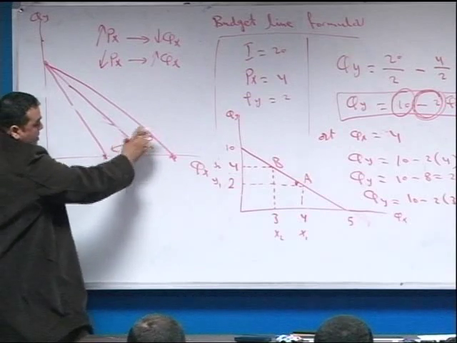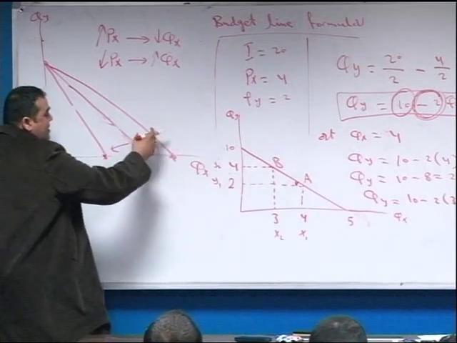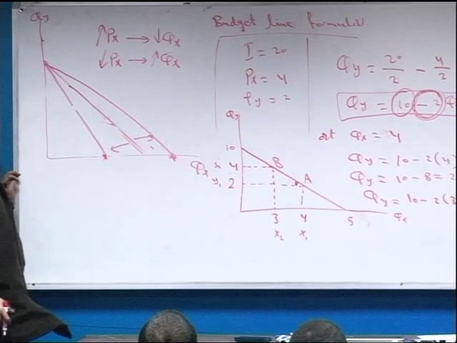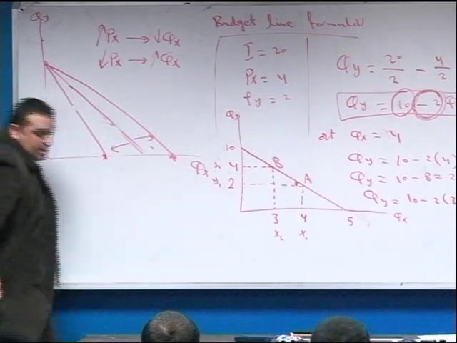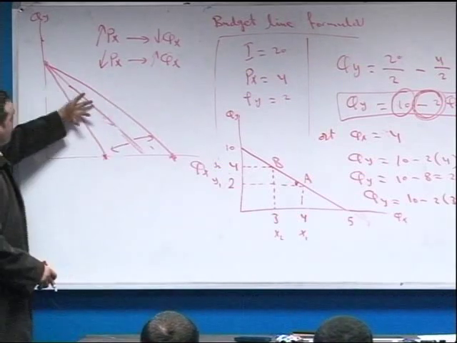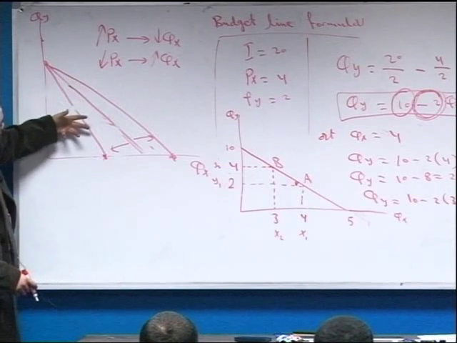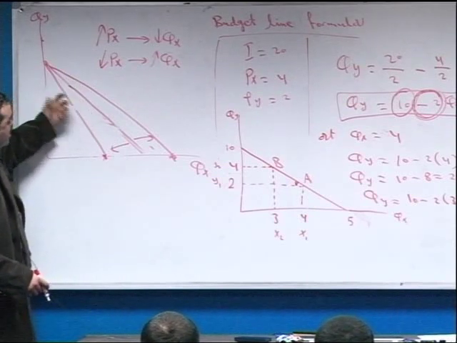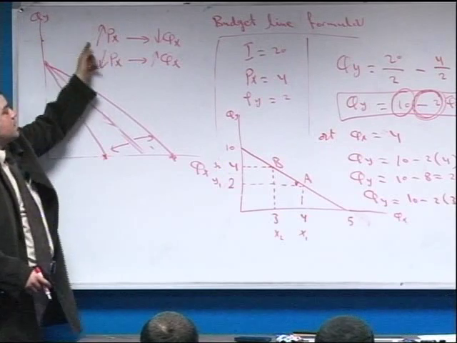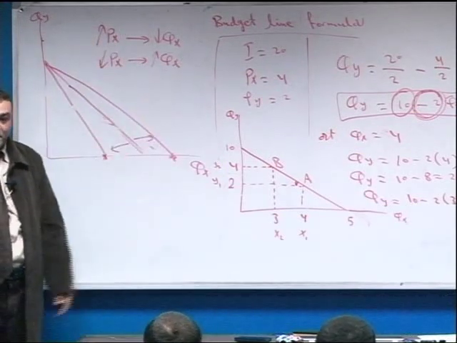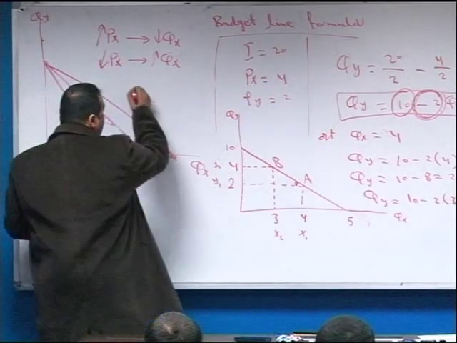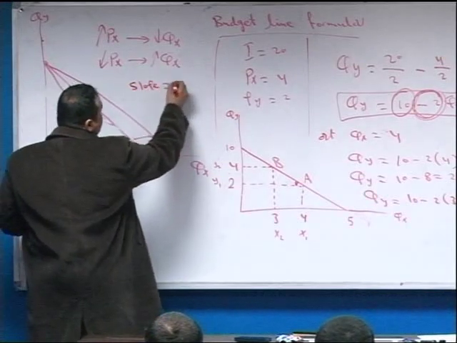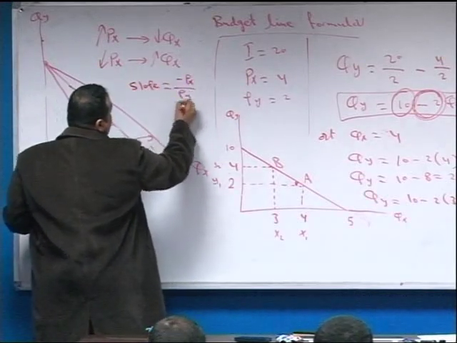So there is a positive relationship between the price of X and the slope of the budget line, because the slope equals minus Px over Py.